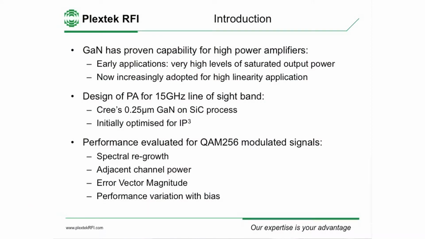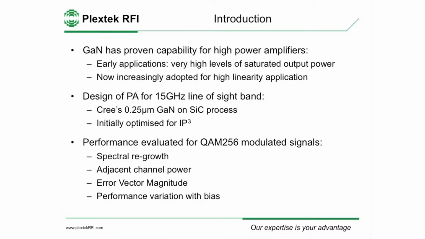Gallium nitride technology, I'm sure you've all heard of gallium nitride. It's got proven capabilities for high power amplifiers. Now, a lot of the early applications of gallium nitride focused on high levels of saturated power. In fact, people seemed to go out of their way to develop as much saturated power as they could.